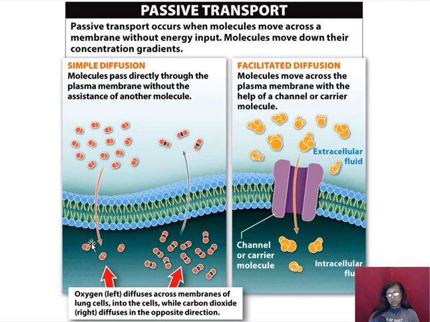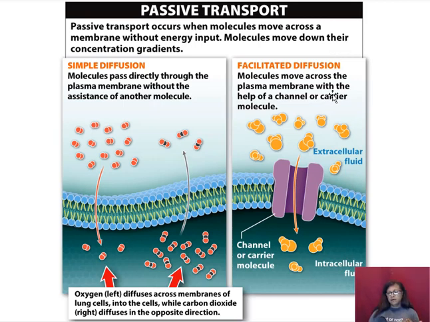Just through simple diffusion, it wants to come through the membrane into an area of lower concentration. At the same time, I've got a high concentration of CO2 on this side, and it's going to want to diffuse in the opposite direction to where there's a lower concentration of CO2. That's just simple diffusion, and it takes absolutely no energy. It's just molecules moving down their concentration gradients from a high concentration to a lower concentration because they want to get away from each other, okay?